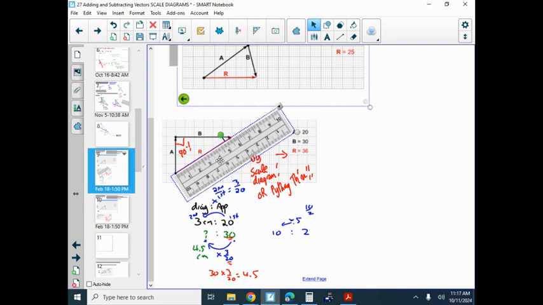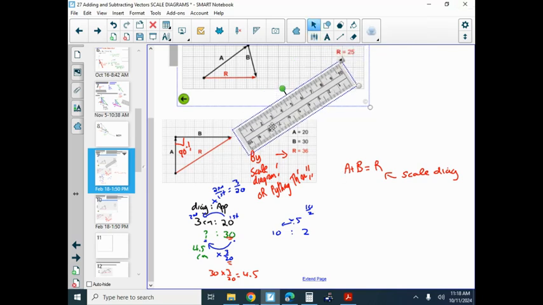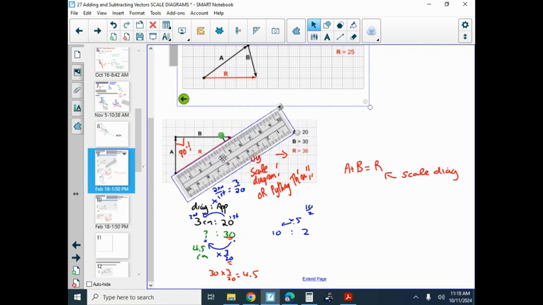Okay, so the result R, the A plus B equals R, right? So A plus B equals this R vector. Well, from the scale diagram, what did it say, was it 5.6 or 5.7?